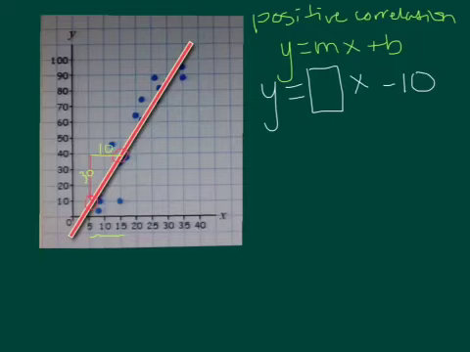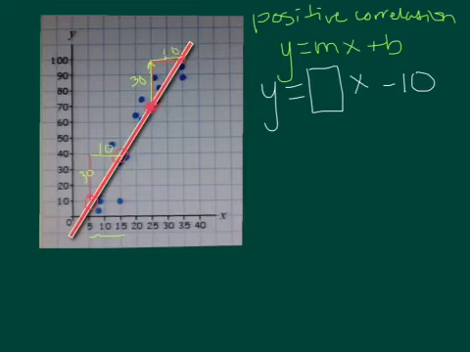So maybe we look at these two ordered pairs, and we can look at the rise and the run. So if we look at the rise on this part of the graph, again, it looks like it rises 10, 20, 30, and then it looks like it runs another 10.